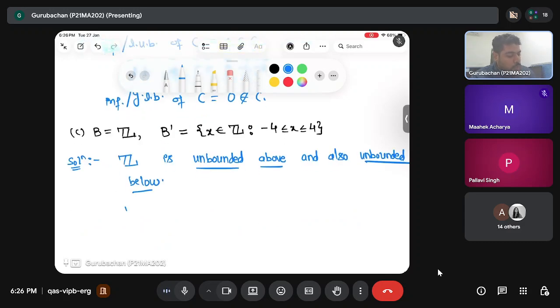And moreover, we can say Z has no finite supremum as well as no finite infimum.